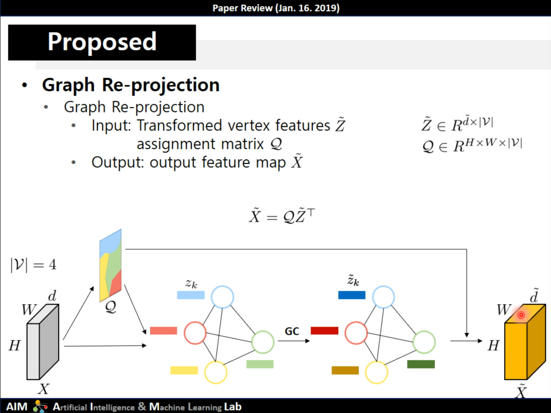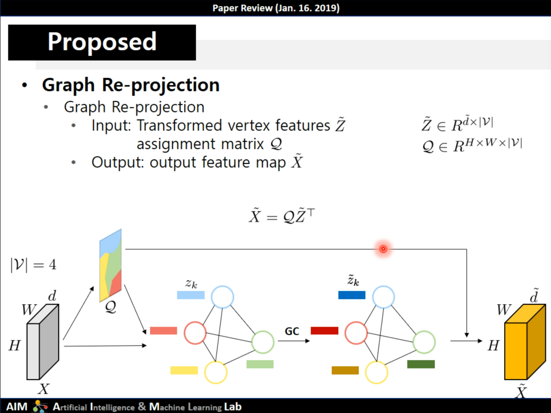Ideally, we would have to invert the assignment matrix Q, but this is infeasible. Instead, we compute pixel features of X tilde using a reweighting of vertex features Z tilde. Thus, graph reprojection interpolates 2D pixel features based on their region assignment.